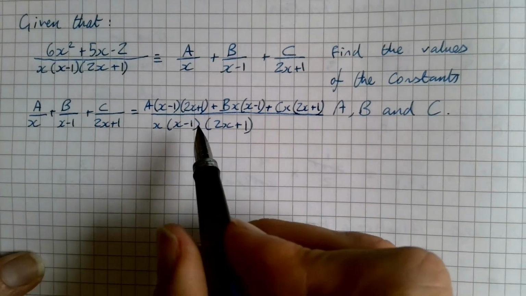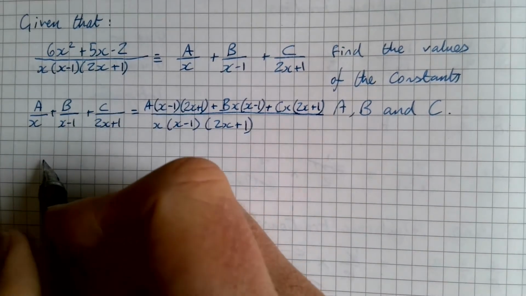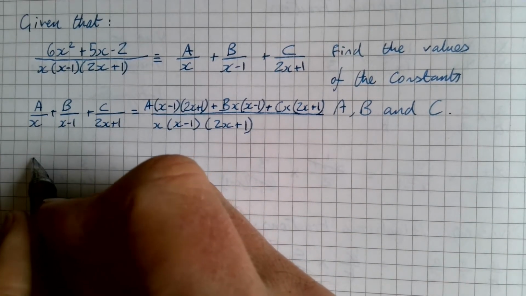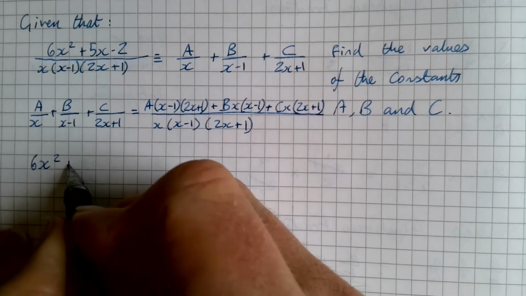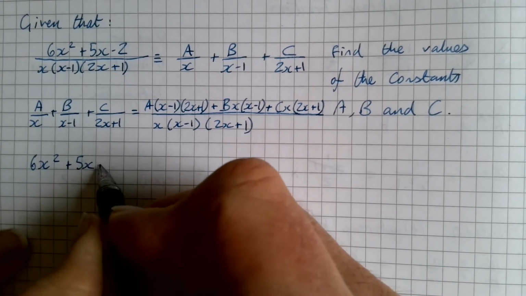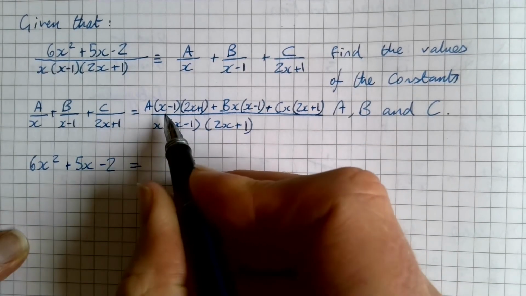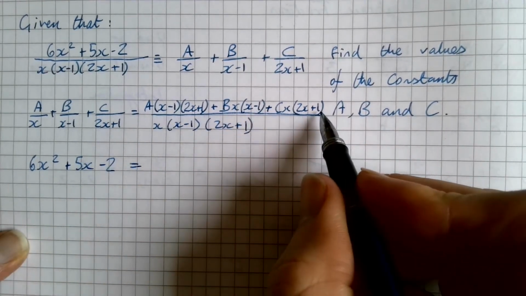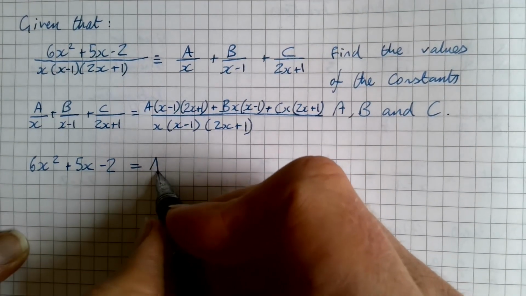So now we're going to take all of these and put them up here. So I've got 6x squared plus 5x take 2 equals, and we're going to have all of these guys in here.